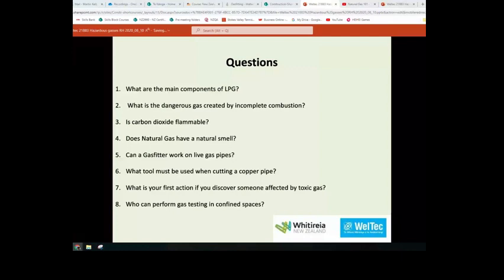This is more just testing for gases, whether they be flammable gases or poisonous gases. So you wouldn't necessarily have to be a certified gas fitter. It's not testing gas pipework. This is just testing an environment, I think, is the scenario.